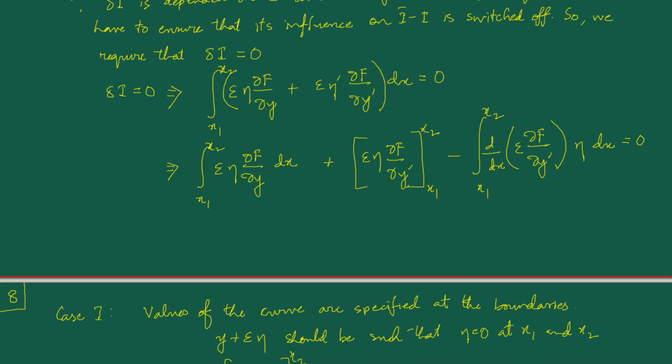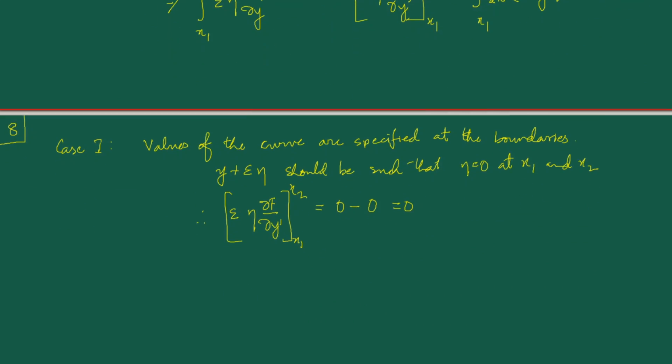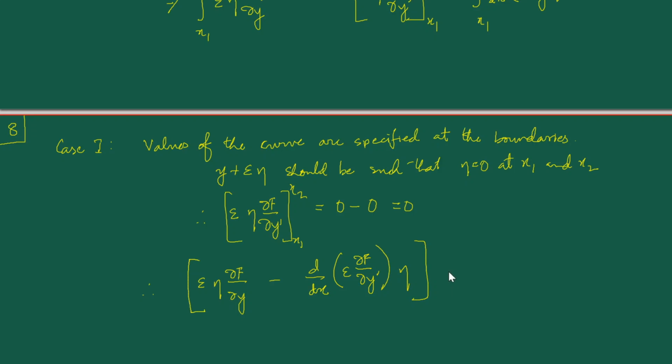That should be present. So what we have effectively is the integral from x1 to x2 of epsilon eta times del f del y minus d/dx of epsilon del f del y dash, times dx, equal to 0.